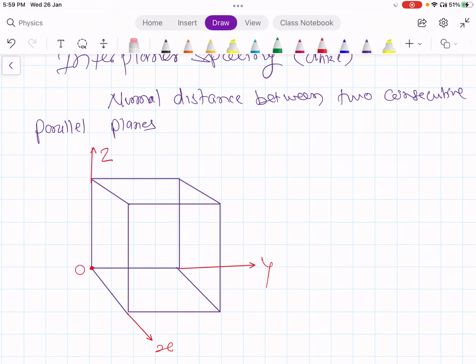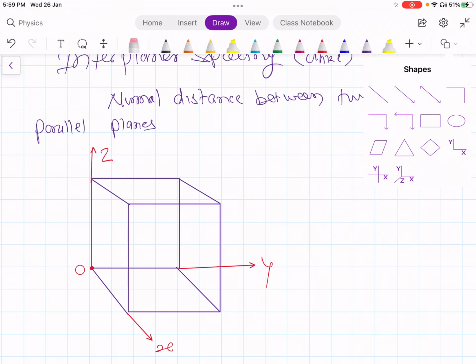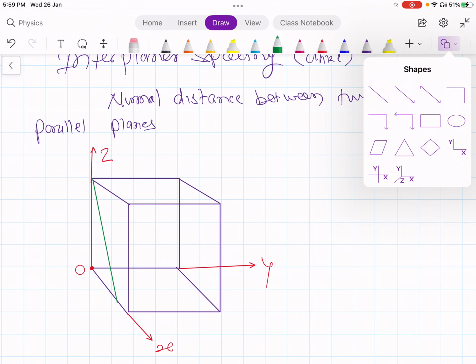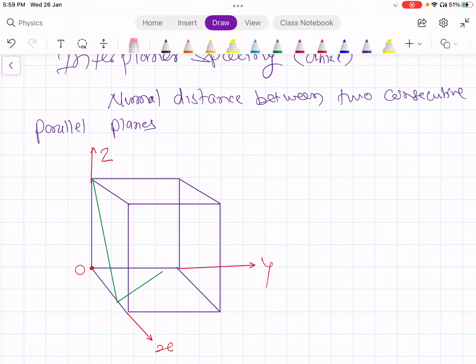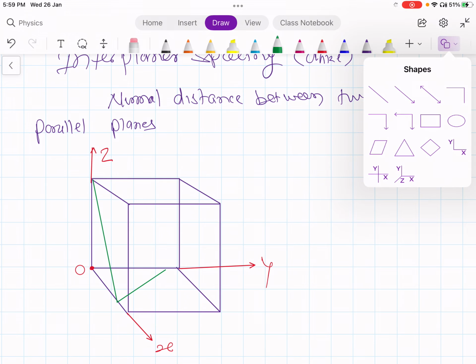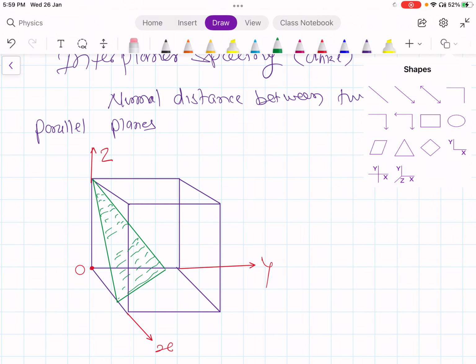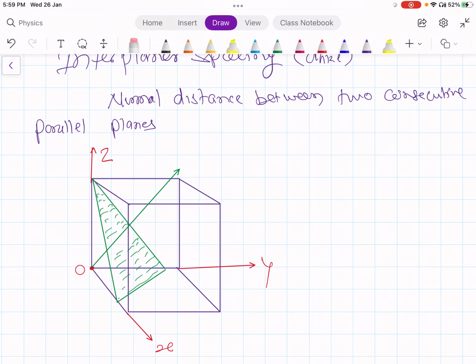In this, I am showing you the plane, this is the plane. And I am going to draw the normal to this plane from the origin, which is this.